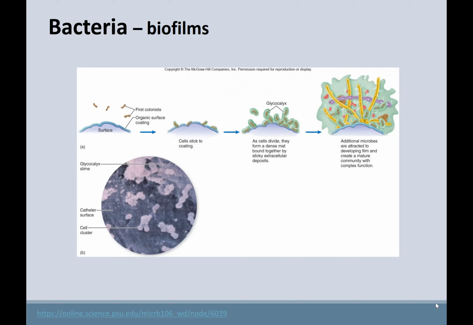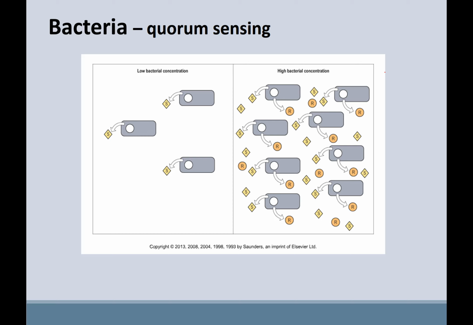So we left off talking about biofilms, and one of the important aspects of biofilms is that the cells within it can communicate. One of the ways that bacteria communicate is through quorum sensing. And quorum sensing means when there's enough, the bacteria start to influence gene expression from other bacteria.